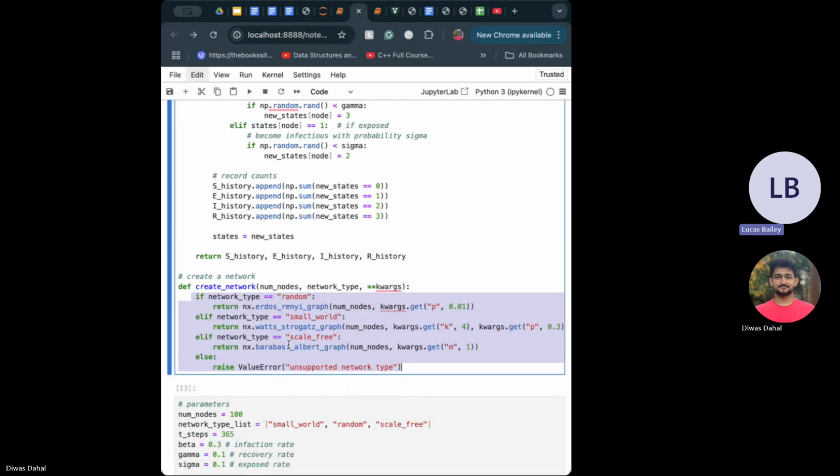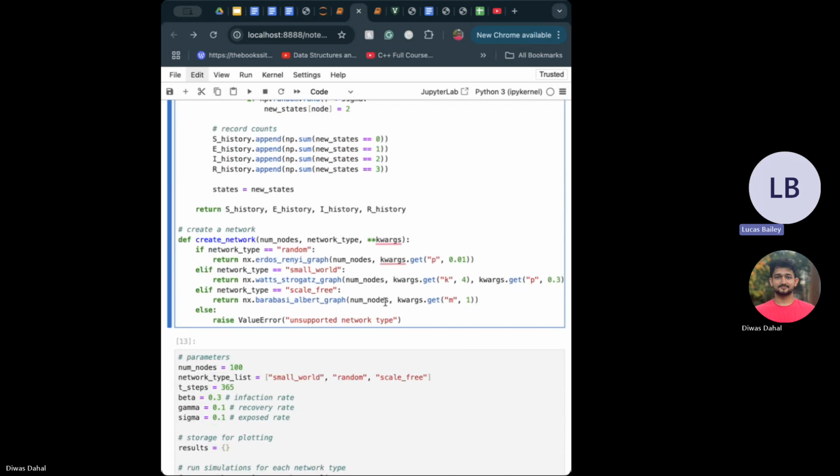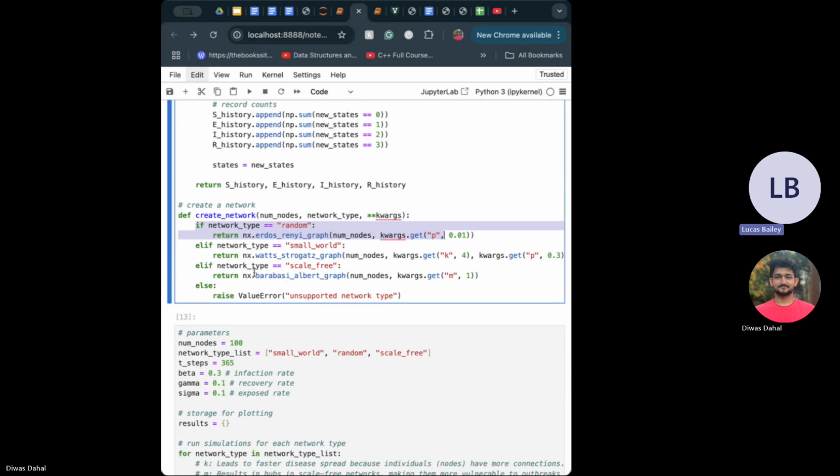For the random networks we generated, we used the Erdos-Renyi model, where each pair of nodes has a fixed probability of being connected. You can see this in the code.